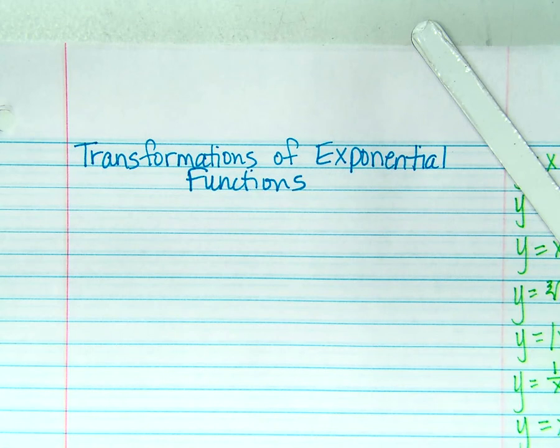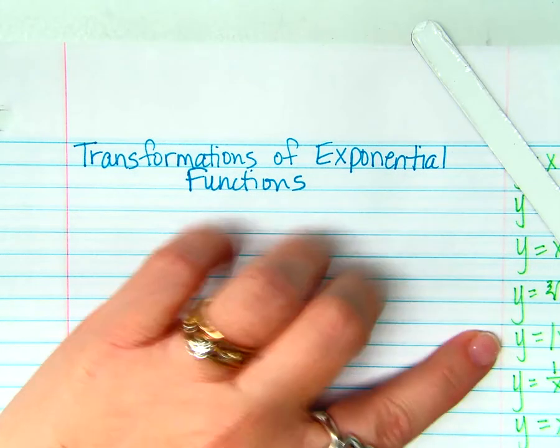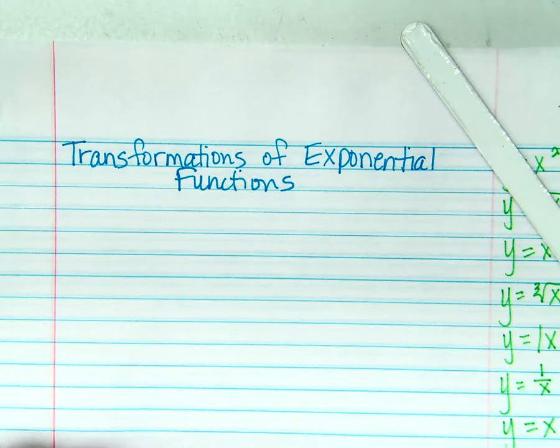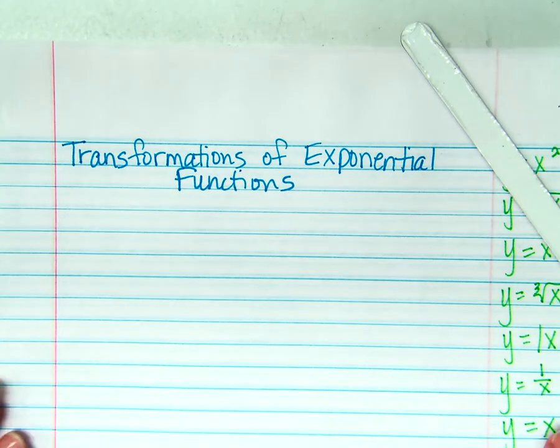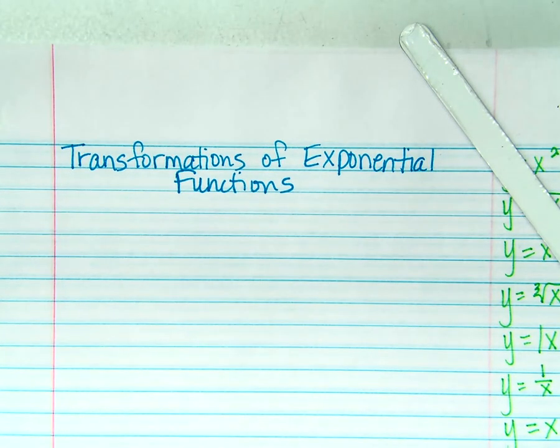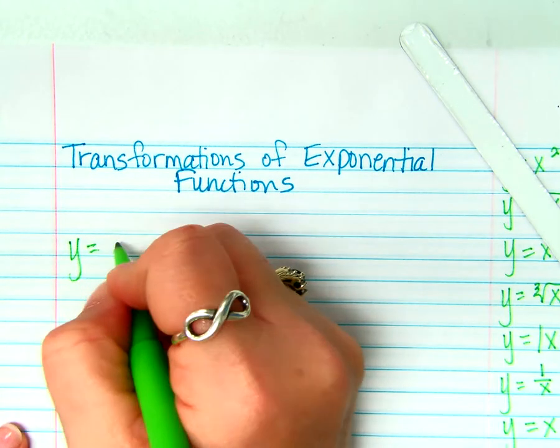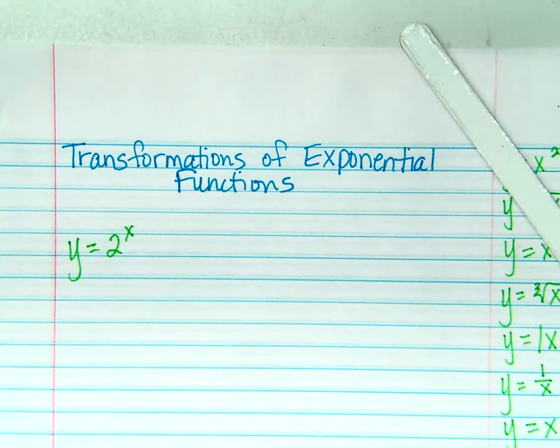While there is one parent function for absolute value, one parent function for quadratic, one parent function for square root, there's not that for exponential. Because it could be y equals 2 to the x power. What other numbers is 2 allowed to be, but still keep it an exponential function?